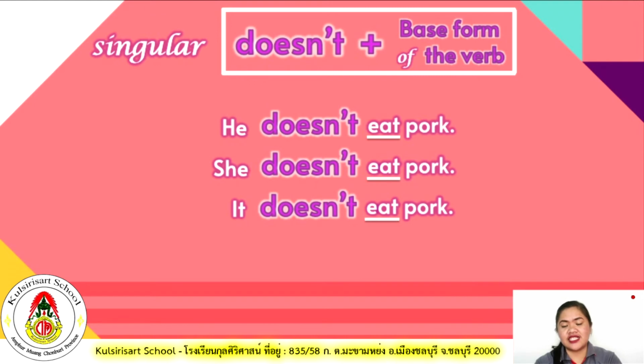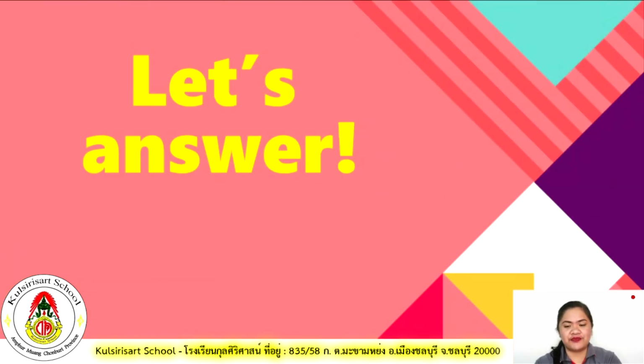He doesn't eat pork. She doesn't eat pork. It doesn't eat pork. Okay, that's good. So, we are already finished discussing the two topics that we have for today. And it deals about simple present negative sentence.